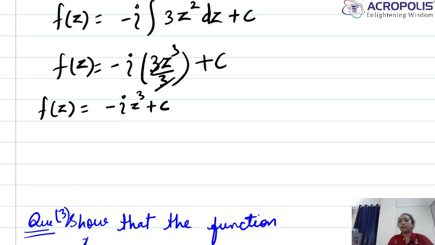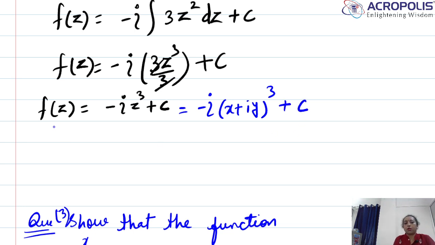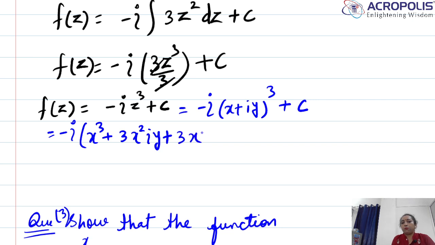As you know, z is equal to x plus iy. So this is equal to minus i (x plus iy) whole cube plus c. If I apply the formula (a plus b) whole cube, I get a cube plus 3a square b plus 3a b square, that means (iy) whole square, plus b cube, that is (iy) whole cube, plus c.